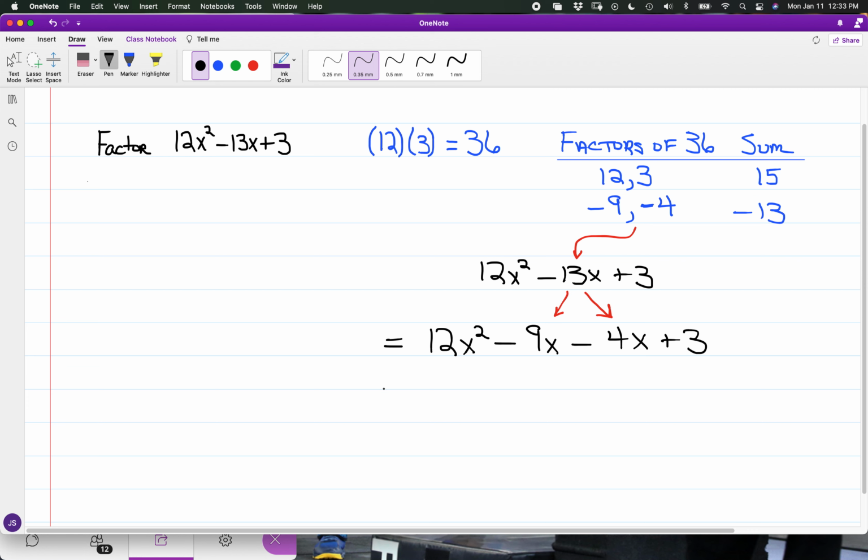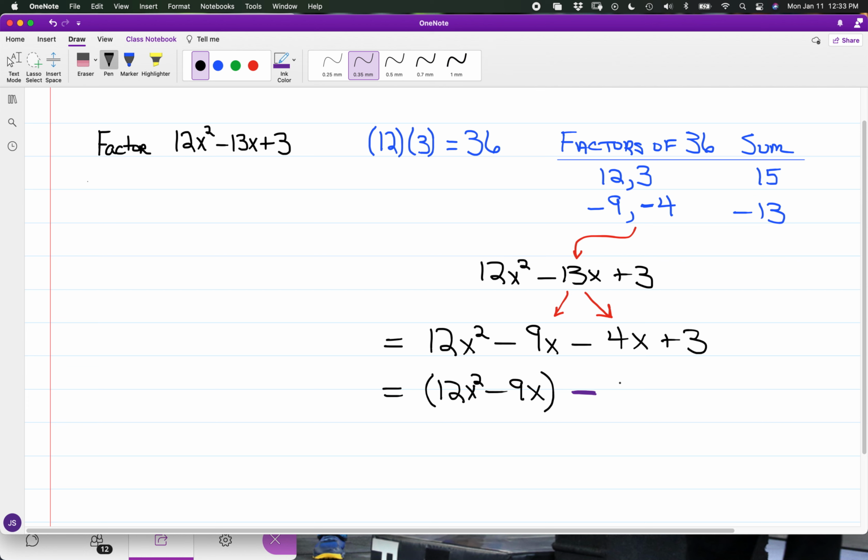And then looking at grouping, with the first two terms, we have 12x squared minus 9x.